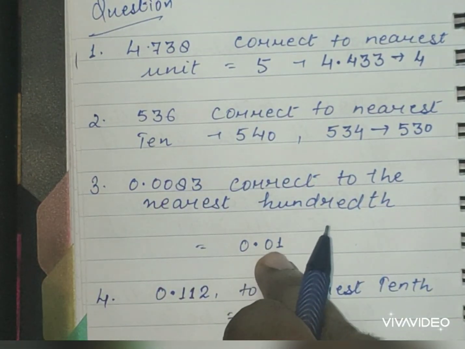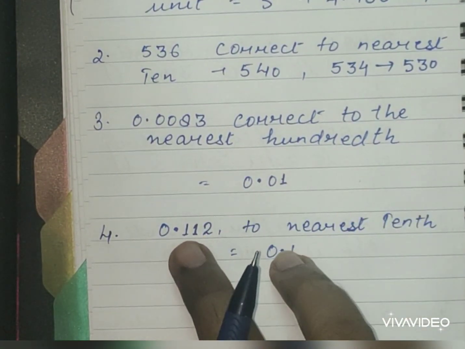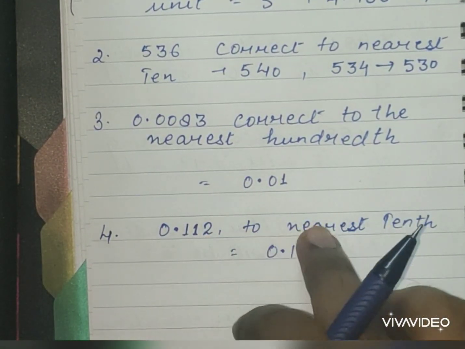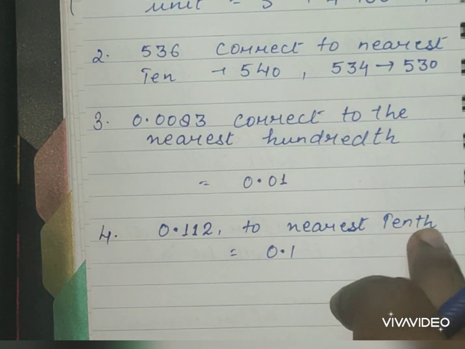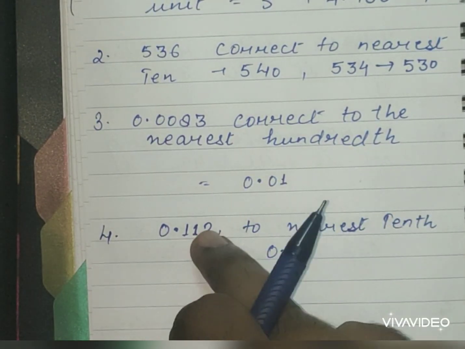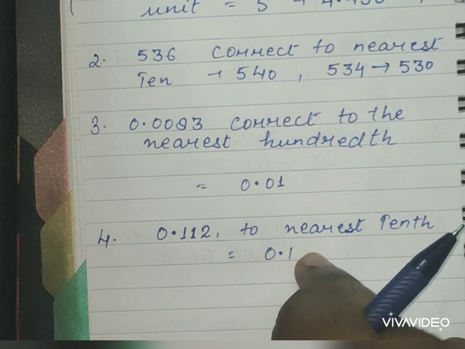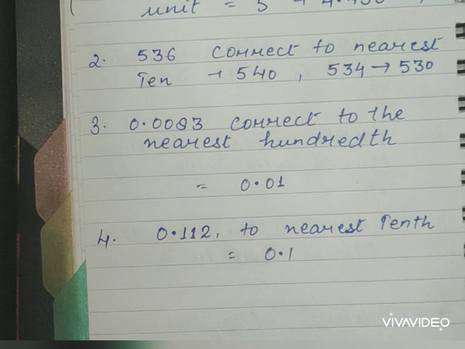So 0.01 is the answer. Now one more question, 0.112, and you have to round off to the nearest 10. This number is not greater than 5, so it will be written as 0.1.